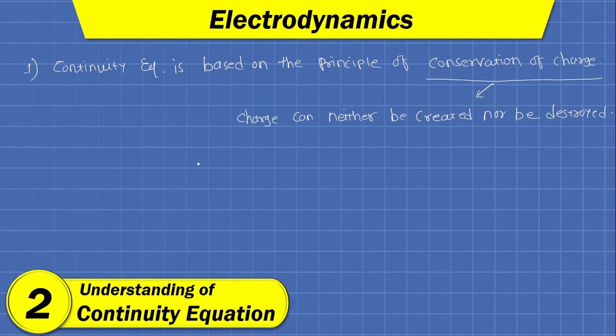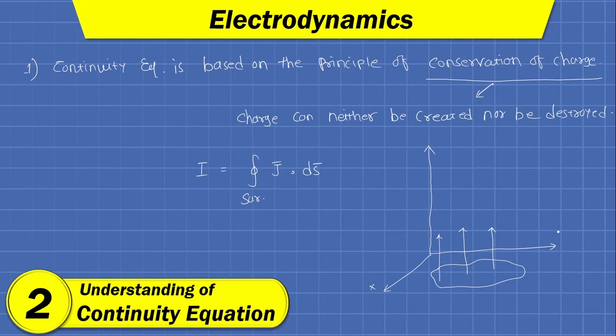Now we have the relation I equals the closed surface integration of J bar dot ds bar. Again consider the figure that we have already seen at the start of this video. If some current is passing through this surface in any particular direction, then imagine the current flows outwards from this closed surface.